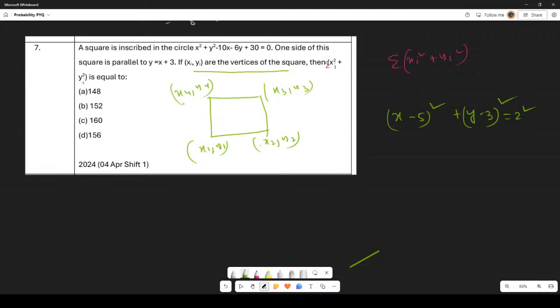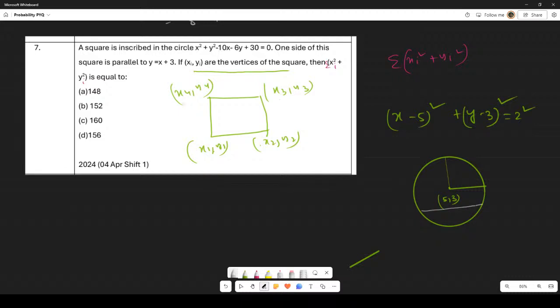So, we draw the circle first, what is given. Center is what? 5, 3, and radius 2. And the square is inscribed in it. Diagonal will be the diameter.